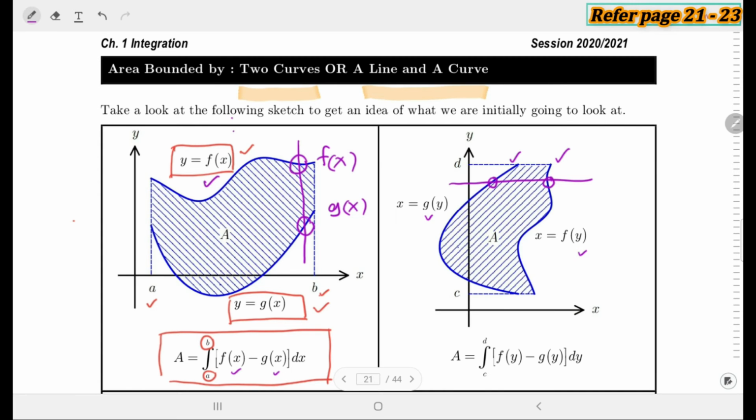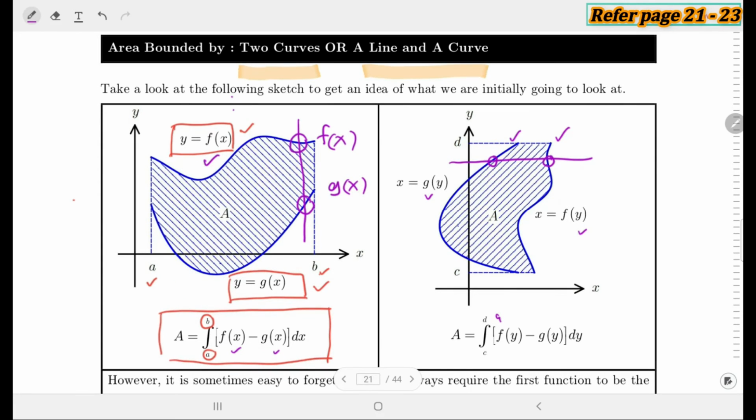So in this case, f(y) is the right function, while g(y) is the left function. The same thing, the limit we are taking is from c to d. The integration of c to d, then f(y) minus g(y), the most right function subtract the left one, because we are referring to the y-axis.